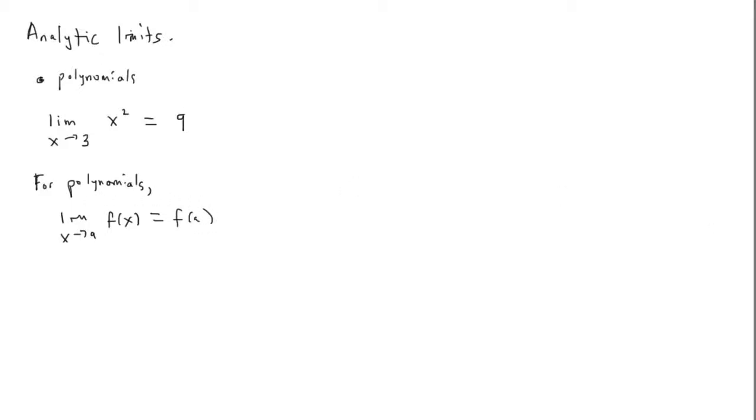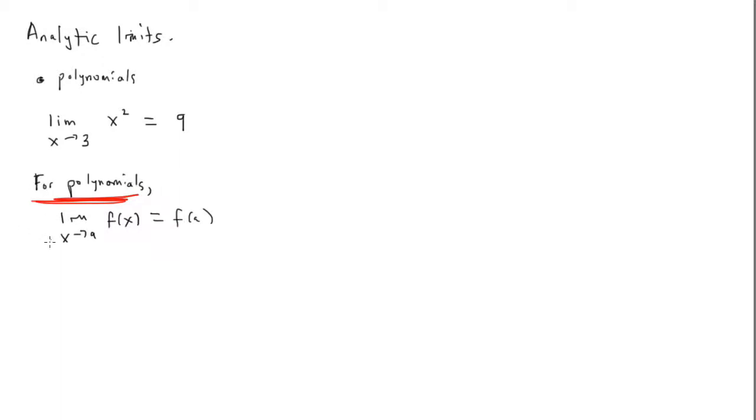Now I have to stress this: this is just for polynomials. It's not true for general functions. If you're dealing with a polynomial, you can just plug this number into the function. So in this case, 3 plugged into x squared gets us 9. That's exactly going to be the value of the limit. Okay. So it's kind of nice that with simple functions like polynomials, you can just kind of cheat and do it.